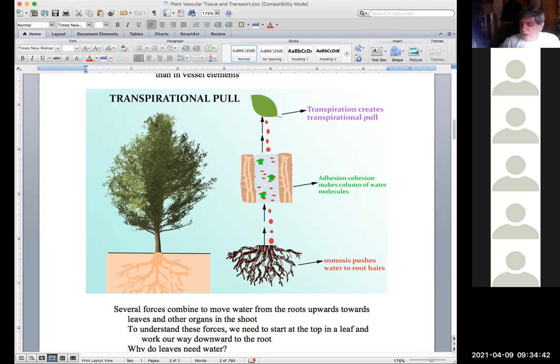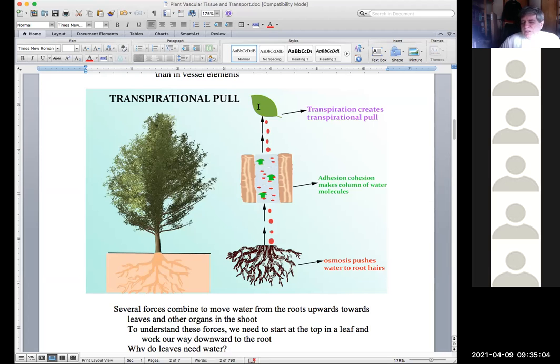So since the water is at a low concentration, water moves into the roots by osmosis. And it moves all the way into the xylem.